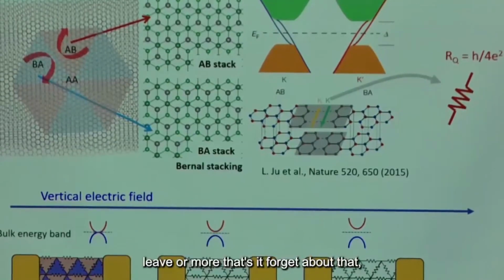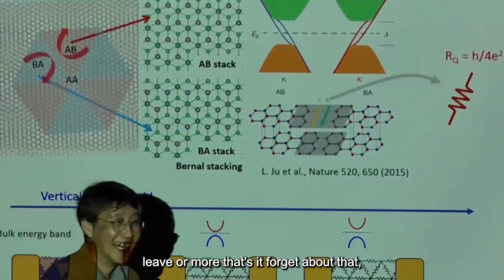Let's forget about the junctions. Basically, all this resistance is incredibly small. So in other words, in that simple model, this is basically a network of this quantum resistance connected in triangles.